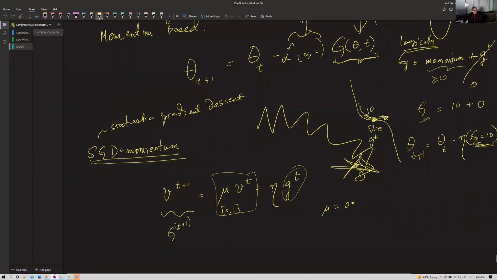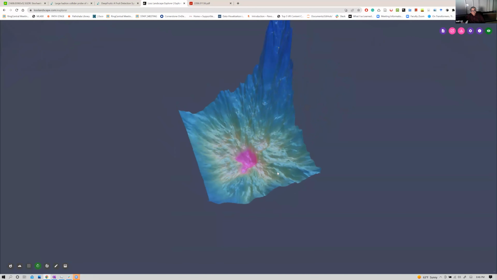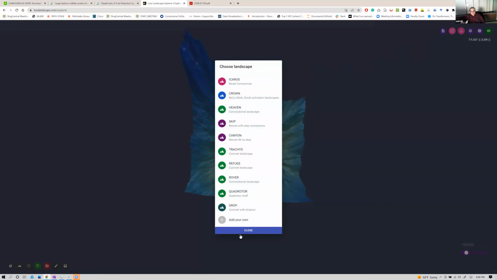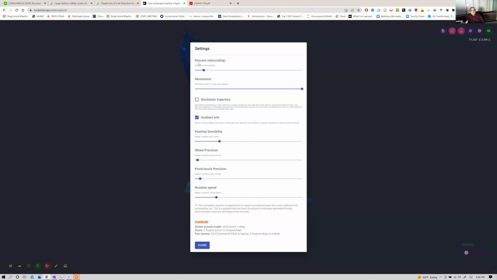Now let me show you in very practical terms. We will do it visually. We will do gradient descent, but as we do it, go to settings. This is the momentum. See, this is your degree of momentum.